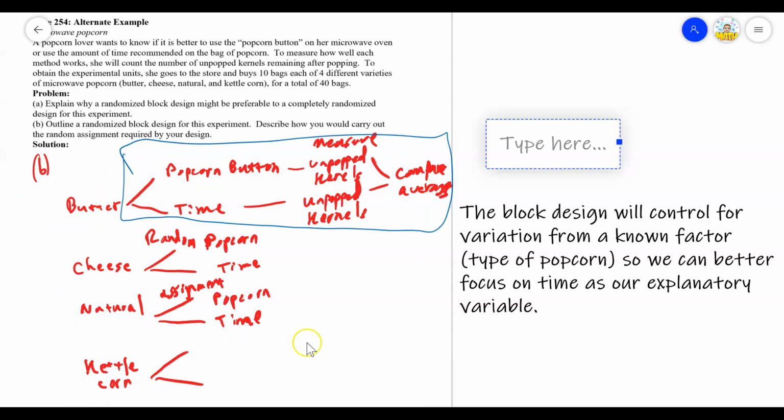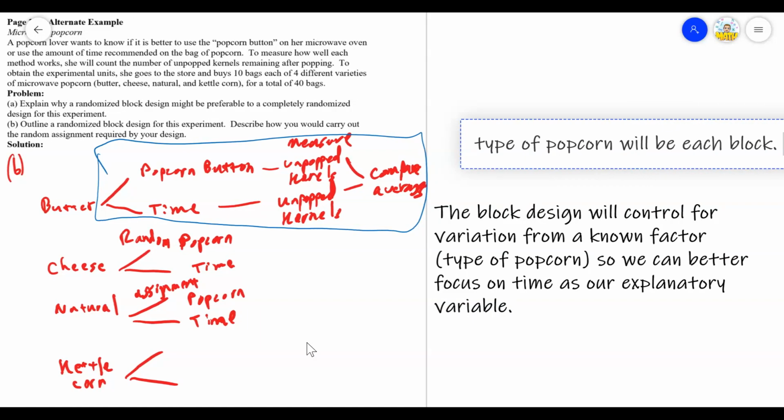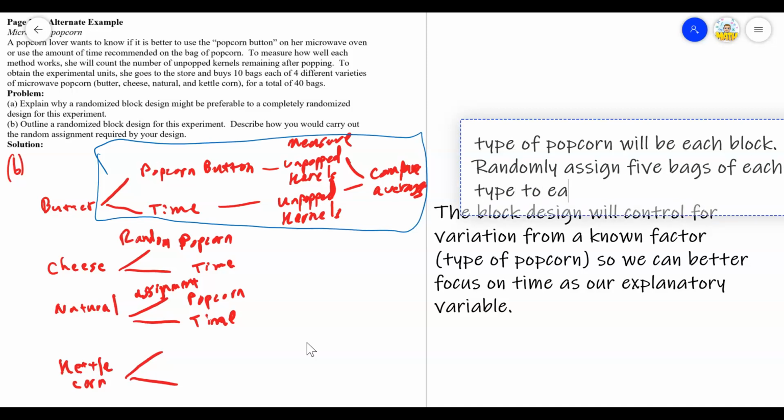Okay, so type of popcorn will be each block. Randomly assign 5 bags of each type to each treatment.